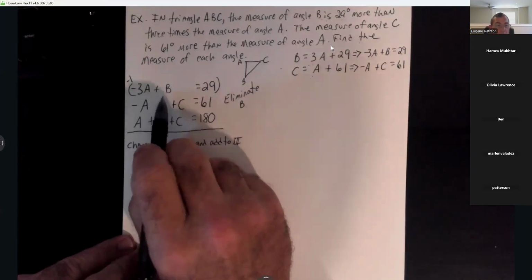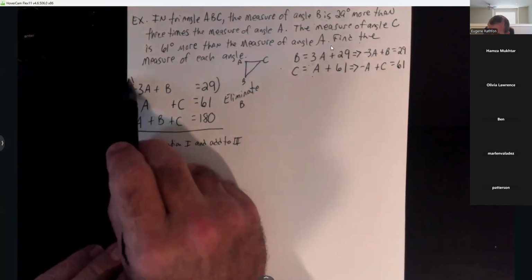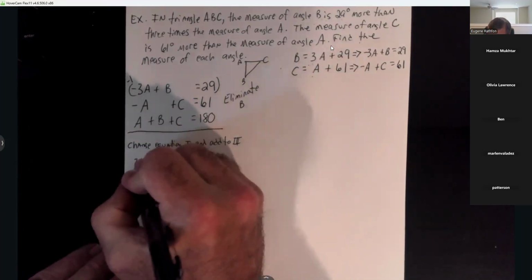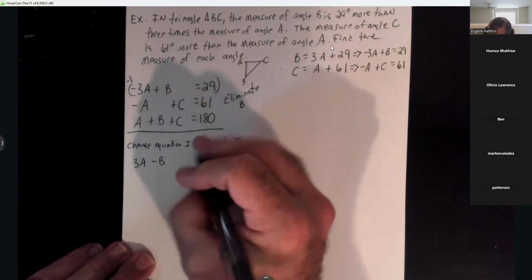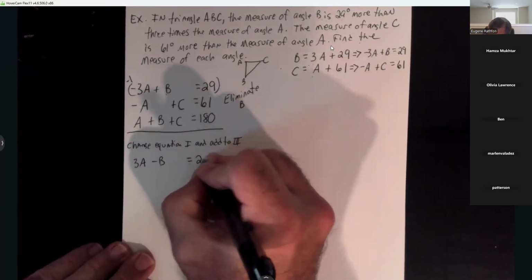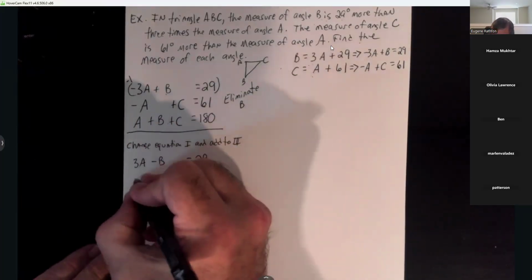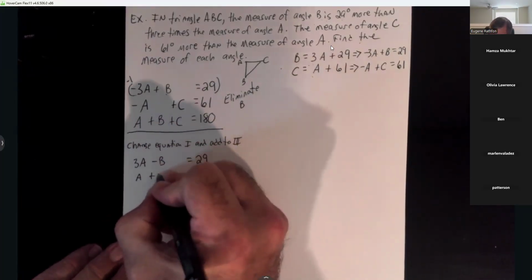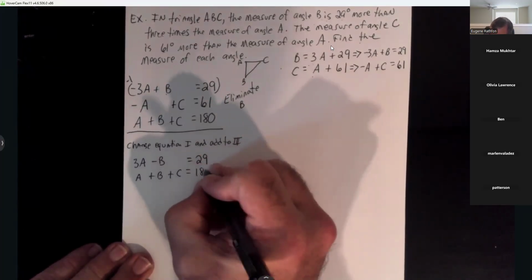So 1 and 3 I'm going to add, but I got to change this and make that a -B, okay? So negative times negative makes that a 3A. Negative times B makes that a -B. And that thing's going to equal 29. I'm not changing 3, so I got A plus B plus C equals 180.